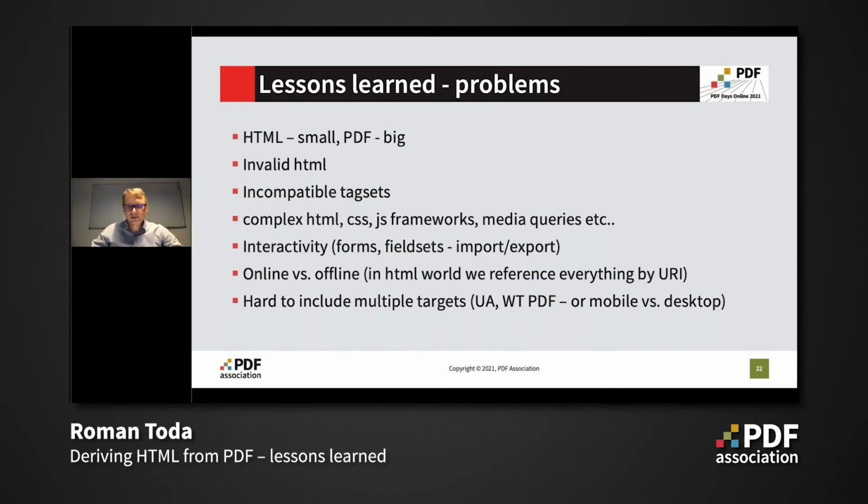Forms, I mentioned, we did some work around forms, but I believe we would need to change the way we see forms in PDF. The HTML world is always online, while the PDF world is always offline. That is by definition, and we might want to see this as an advantage of both, and not try to unify approaches here.